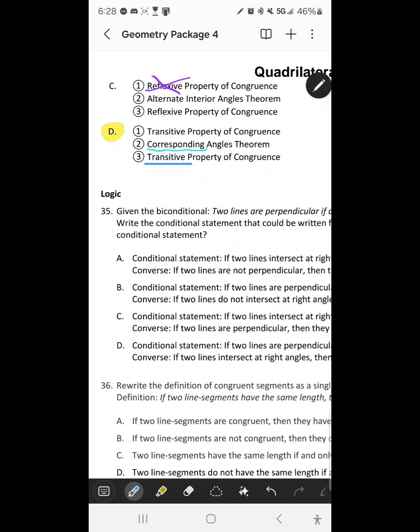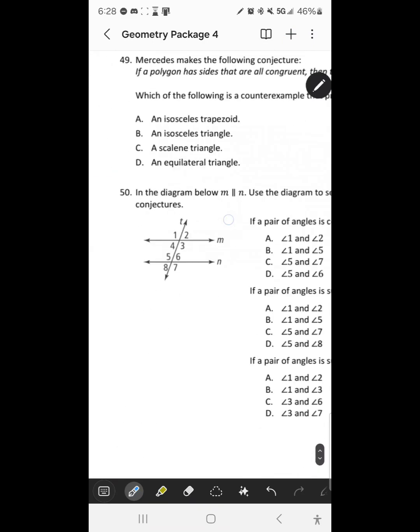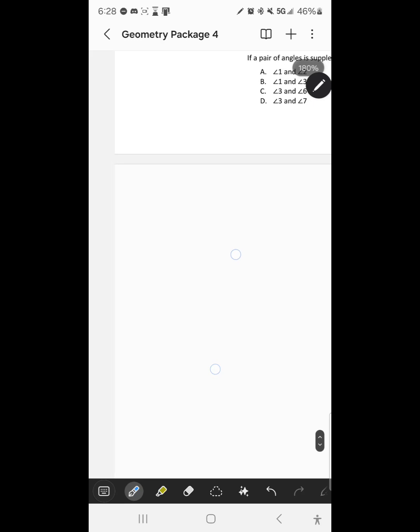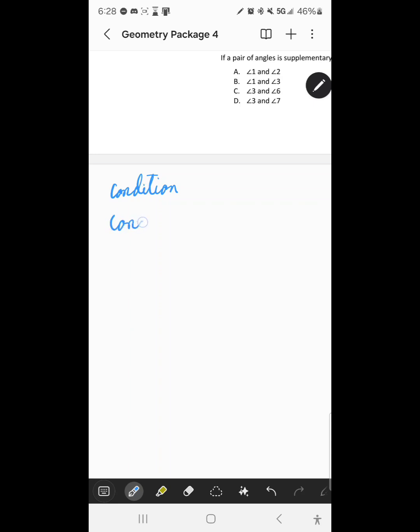First, let's explain the difference between the converse, the conditional statement, the inverse, and everything about that. First, I'm going to draw it at the bottom. So I have the conditional, the converse, the inverse, and the contrapositive.